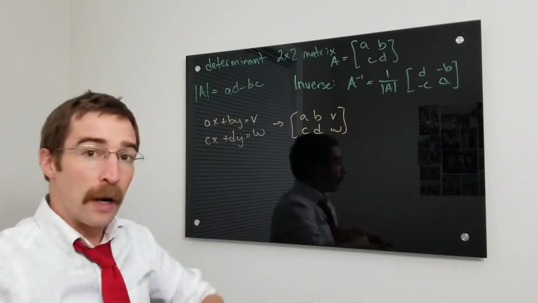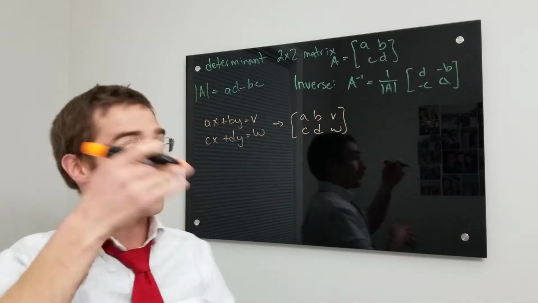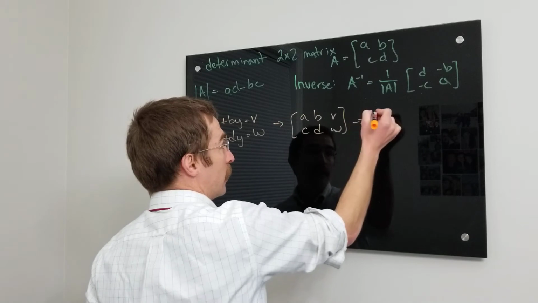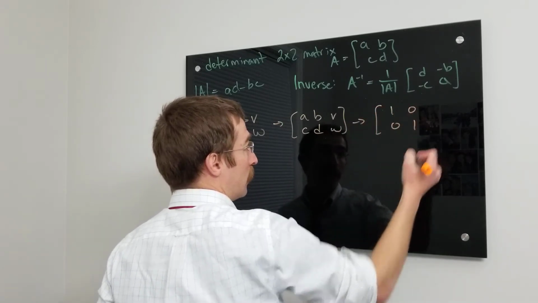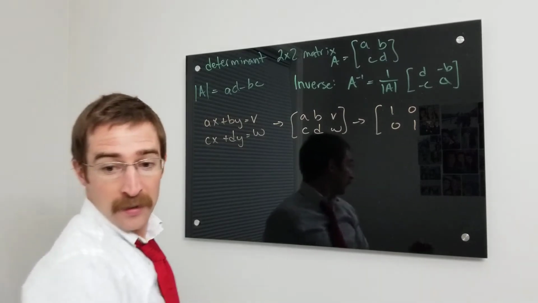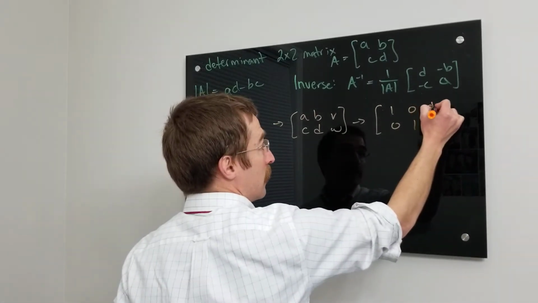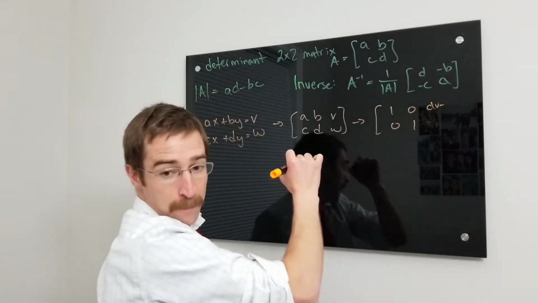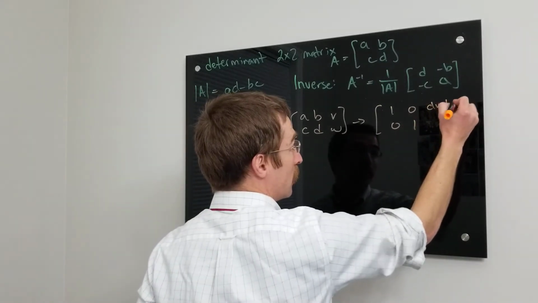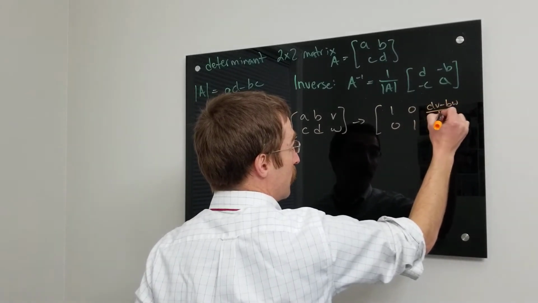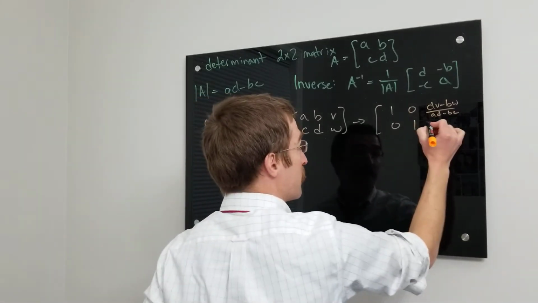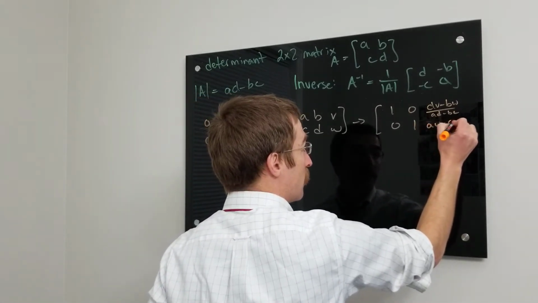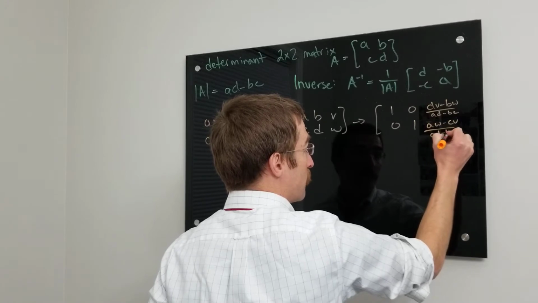We'd do a bunch of row operations, put it in reduced row echelon form. We'd get 1, 0, 0, 1, and then we'd have dv minus bw over ad minus bc, and then aw minus cv over AD minus BC.